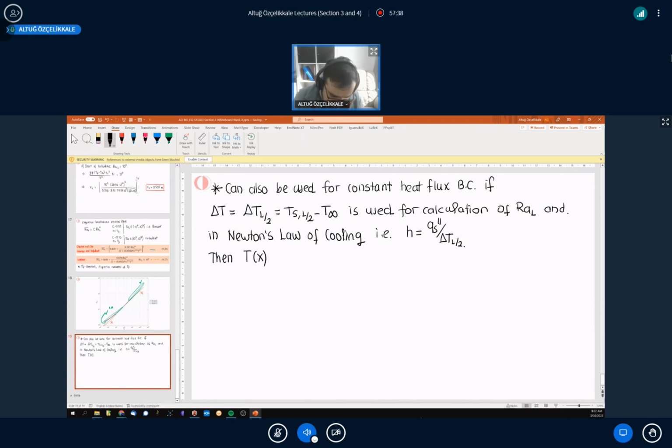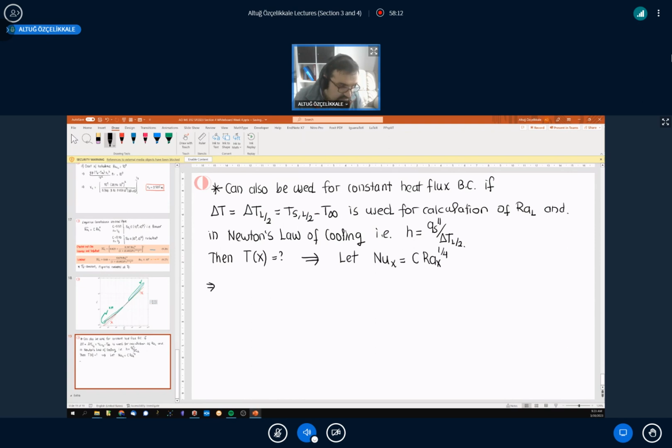In order to obtain this temperature as a function of location across the plate, we can do a kind of proportionality analysis, right? So considering our reference temperature as delta T at L/2, let's now consider one simple correlation for a Nusselt number. It is C Rayleigh number raised to the power 1/4, right? This is the one for the laminar flow.